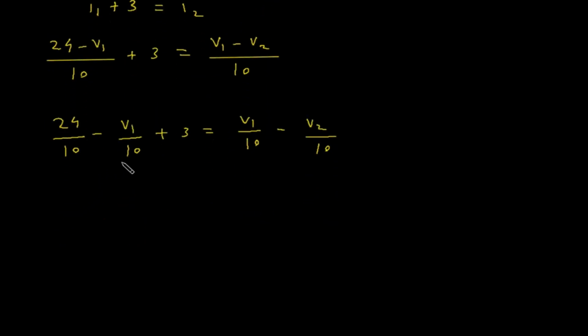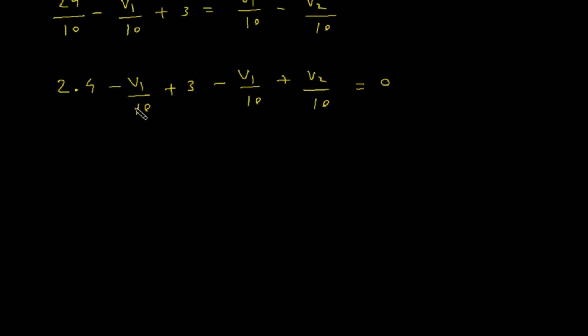Now this will be 24 by 10 or 2.4 minus V1 by 10 plus 3 minus V1 by 10 minus V2 by 10 plus V2 by 10 is equal to 0.